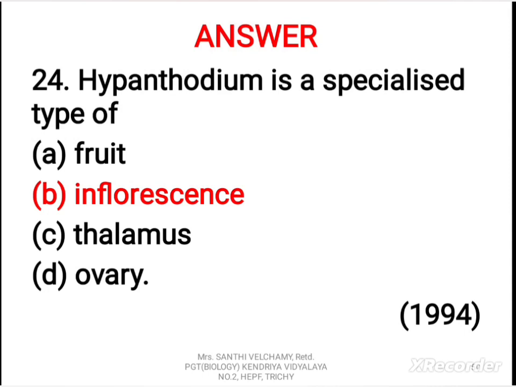Here a cup-shaped cavity with an apical opening is formed by a fleshy receptacle. It is guarded by inwardly projecting hairs, and bears flowers on the inner wall of the cavity, with female flowers at the base and male flowers above. So hypanthodium is a type of inflorescence.